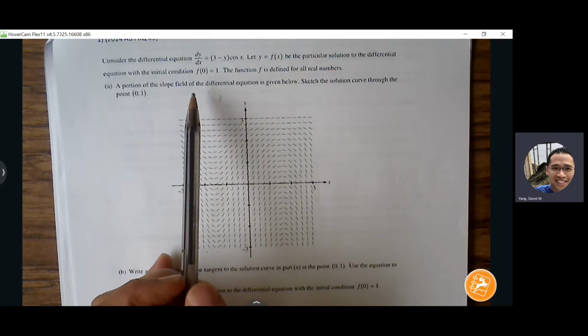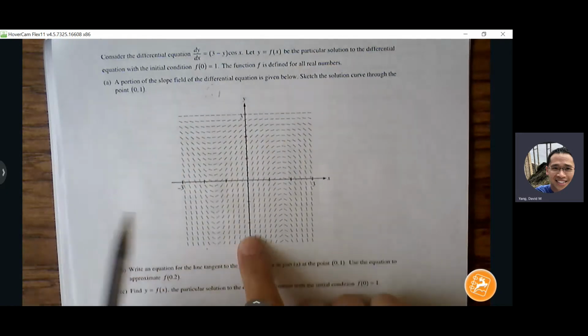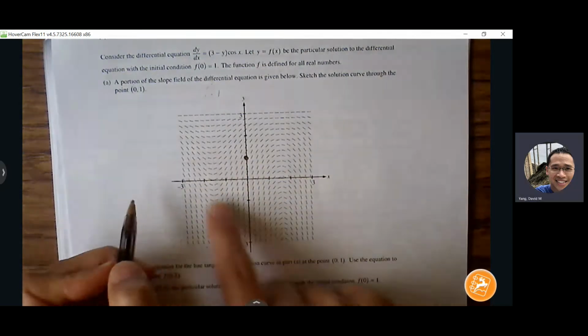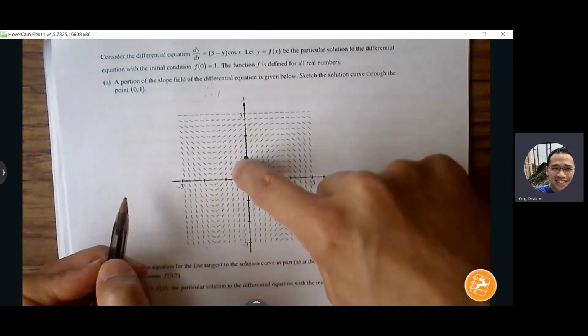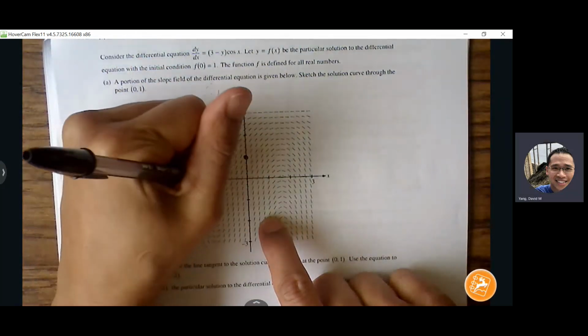A portion of the slope field of the differential equation is given. Sketch the solution curve through the point 0, 1. So easy enough. We just identify 0, 1, and then we just follow the path of the curve through that point.